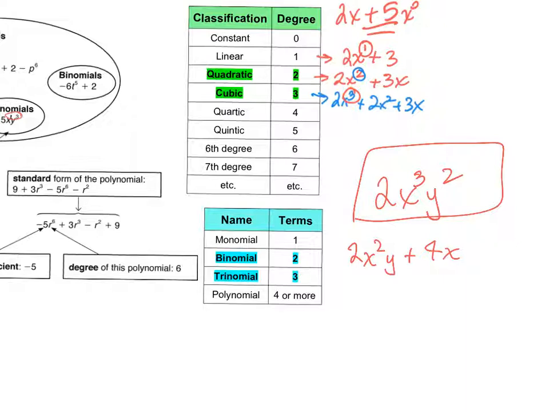It is a binomial. Now, in this example of the binomial, if I asked you what is the degree of this binomial, it would be 3. It is a 3rd degree, because the highest exponent, or the sum of the exponents of the monomial's first term, are 3. A trinomial has 3 terms, and then everything else bigger than 3 terms is just called a polynomial.